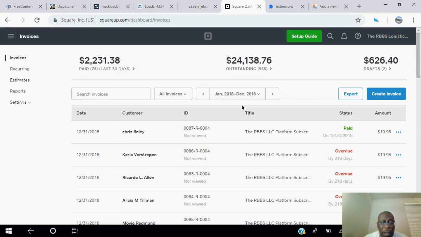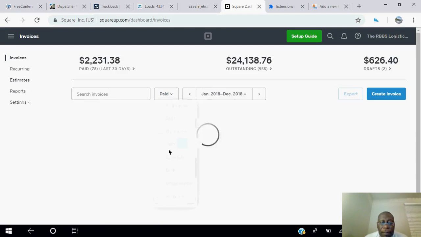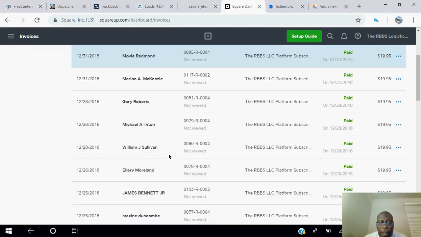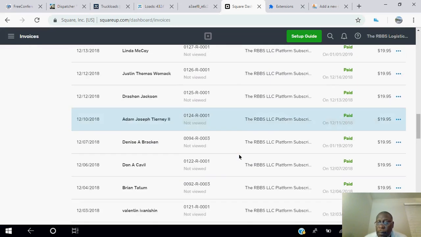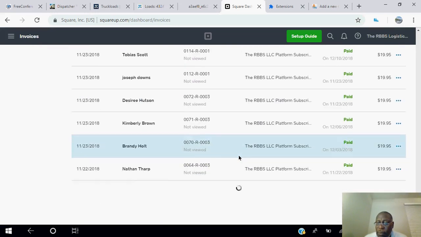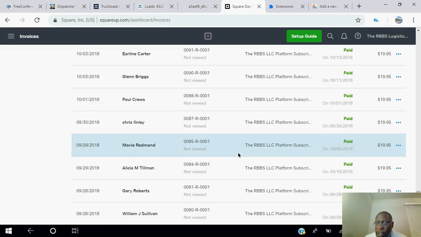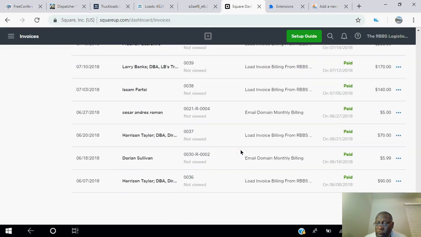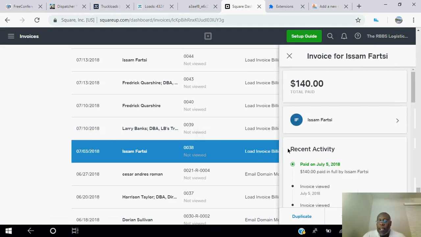So let's look at some of the paid ones, invoices paid of last year. And let's go down and look for one that's not a subscription invoice, and look for one of, well, we were doing the ones for the carriers for you all. Oh, I think this one right there, 140. Yep. That should be the invoice.